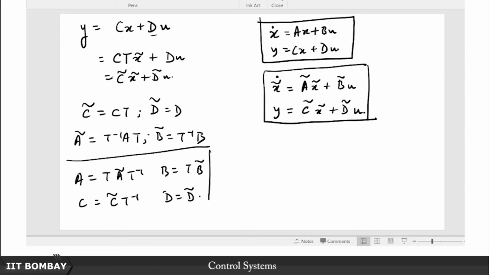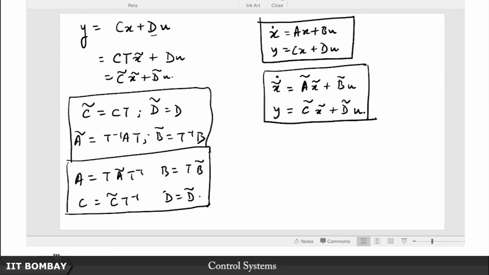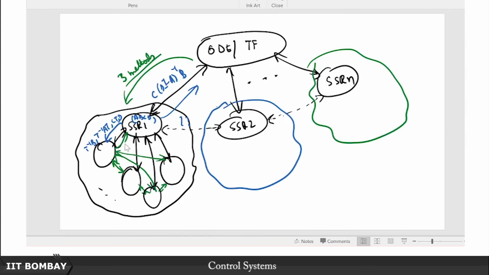So I can go back and forth because of the invertibility of this T matrix, alright. So at least this connection in this figure I have established, okay.